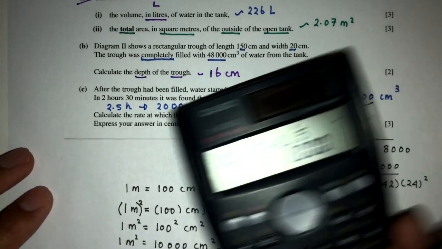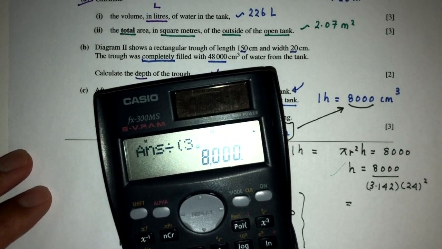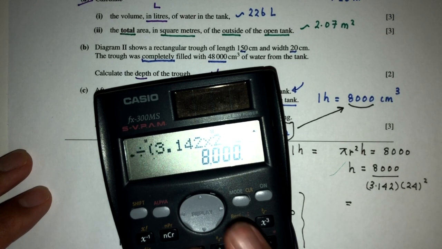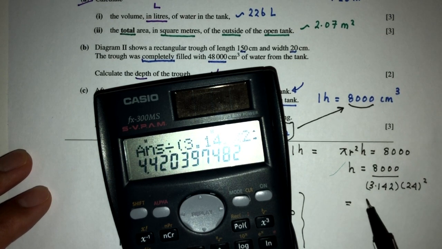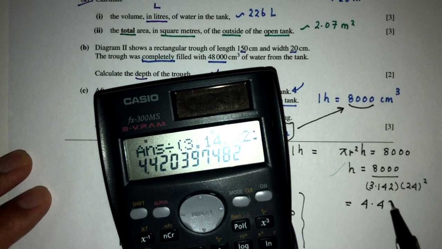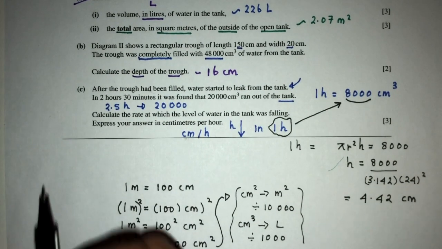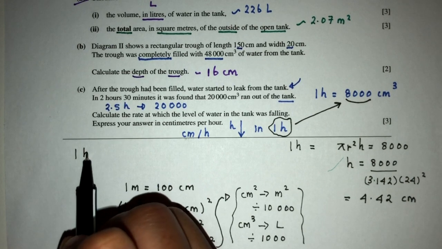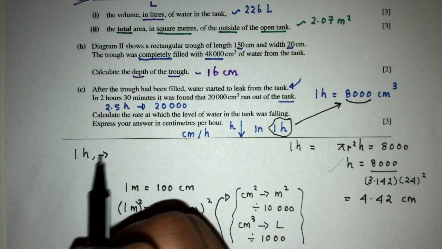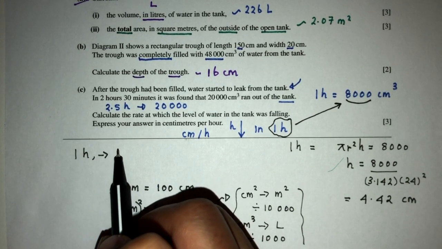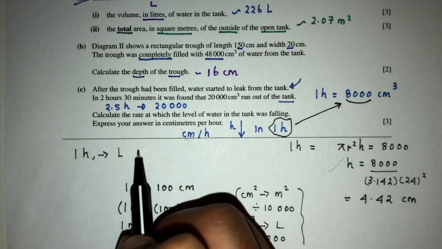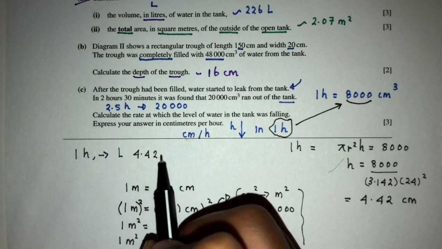That will be 8,000 divided by 3.142 times 24 squared. That will be 4.42 centimeters. From this you realize in 1 hour the height or the level is changing by 4.42 centimeters.